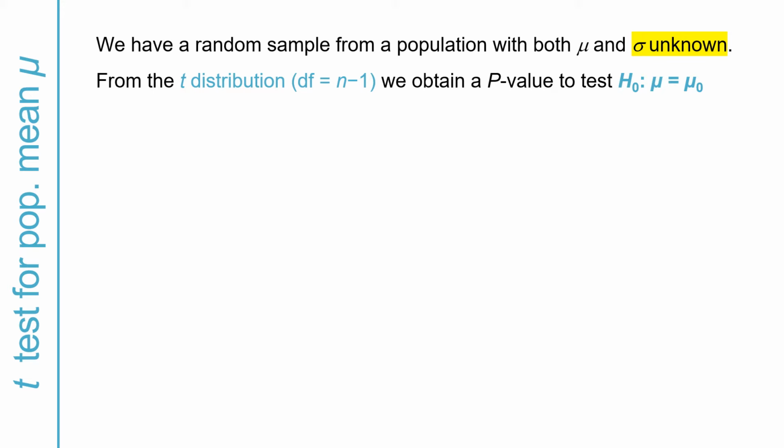Specifically, when the population standard deviation sigma is unknown, we can test a null hypothesis where our statement is that the mean mu of the population is equal to some value mu0, using the t distribution with degrees of freedom n minus 1 to calculate the p-value.